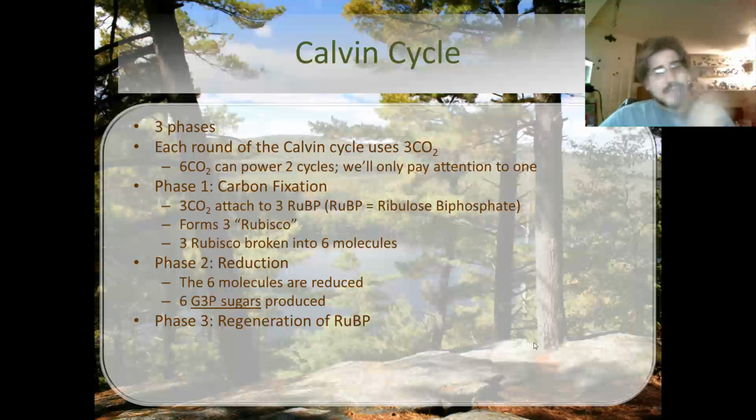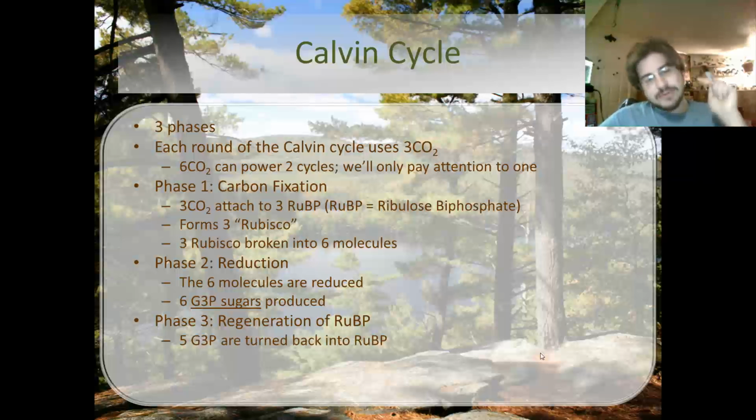So if we're going to be able to keep doing this, because it's a cycle, we have to get back our ribulose biphosphate. And the way we do that is to take those 5 G3P sugars and undergo a series of chemical reactions in which we convert them into ribulose biphosphate, at which point we're ready to start over again.